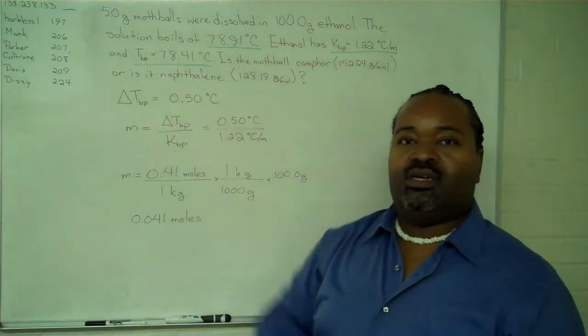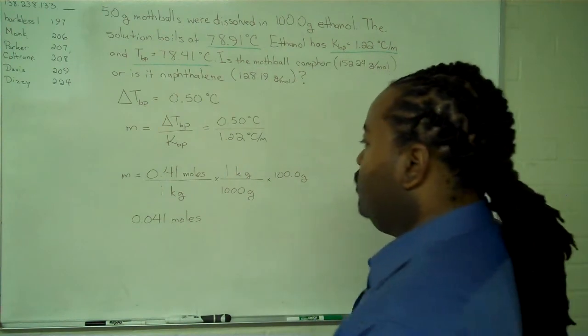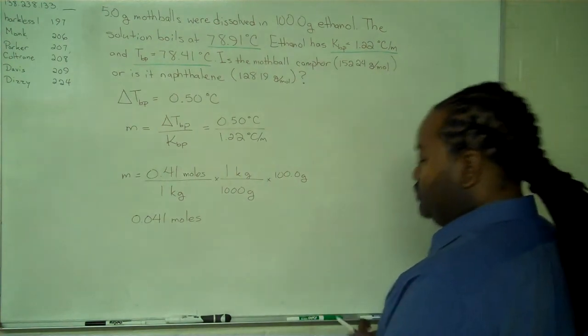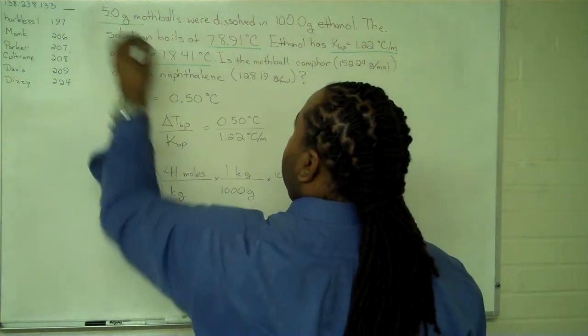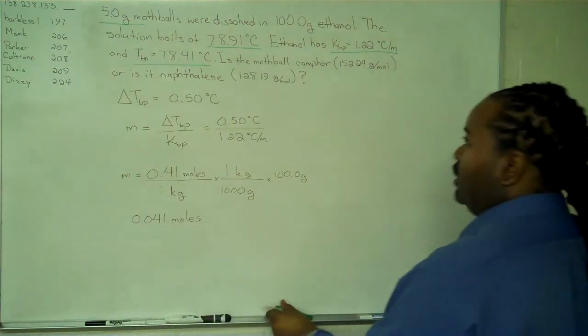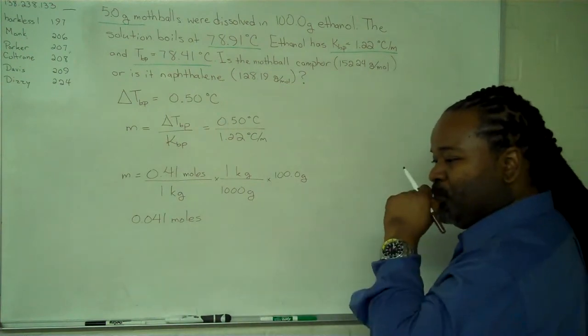Now, we know the number of moles of substance. We also know the amount of substance we had to start with. So we can take this quantity and divide by these 5 grams, and find out what happens.